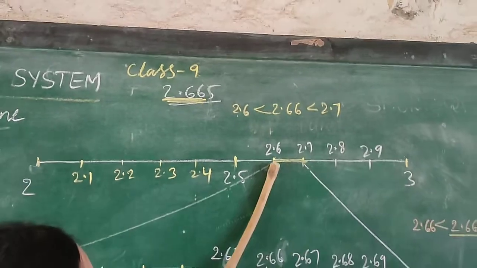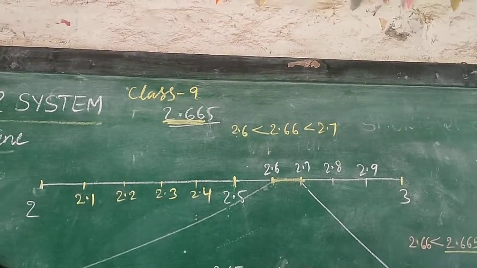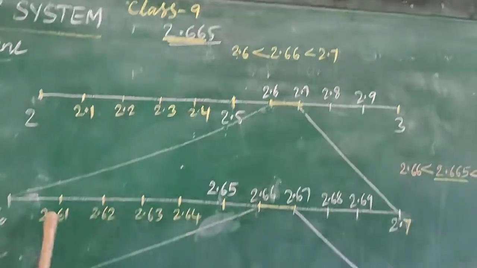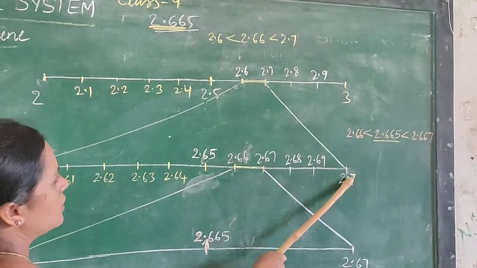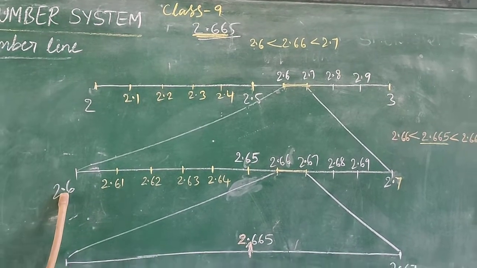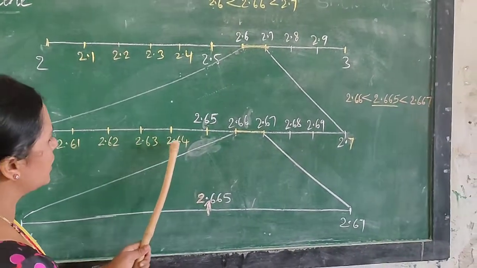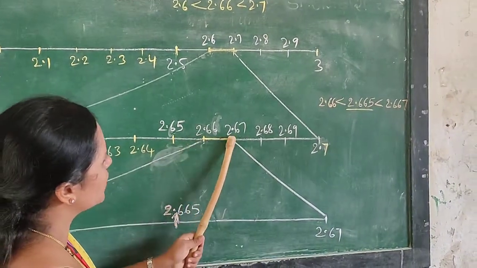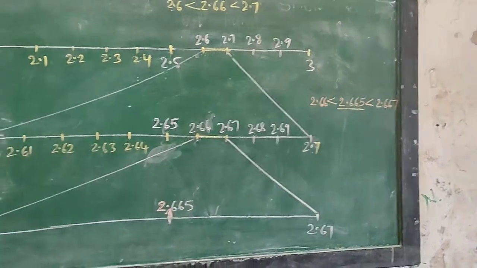So you can write 2.6 in left side and 2.7 in right side, and you can divide this again into 10 equal parts. The middlemost part is what? You can see this is 2.6. 2.61, 2.62, 2.63, 2.64, 2.65, 2.66, 2.67, 2.68, 2.69, 2.7.